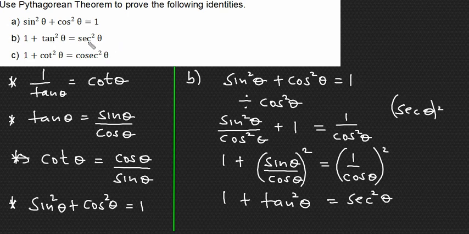Now let us go to C. Remember, I divided with the cos squared here because I wanted to get a sine over cos, which gives me a tan. And here there is a tan squared. Now what am I going to do in the third part? The third part I will divide with the sine.